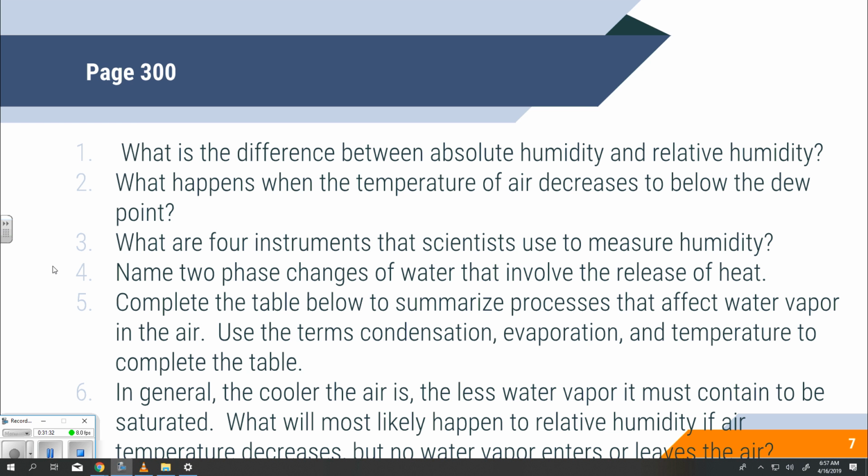Fourth box on the right: if the rate of condensation is greater than the rate of evaporation, then condensation occurs. Question number 6. Answer: it will increase.